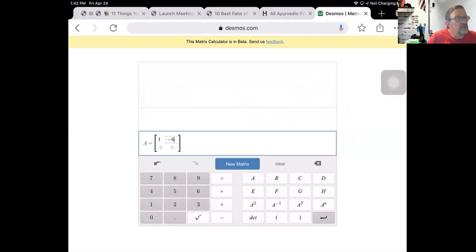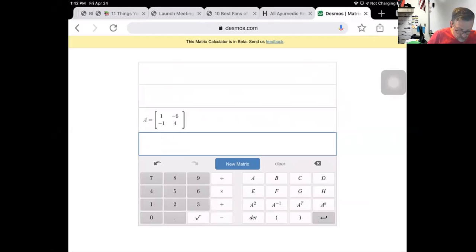I forgot the last two, so I have to look them up. Negative 1 and 4. There we go. And there, take the inverse. So I'm going to take those numbers and then just multiply it by b.